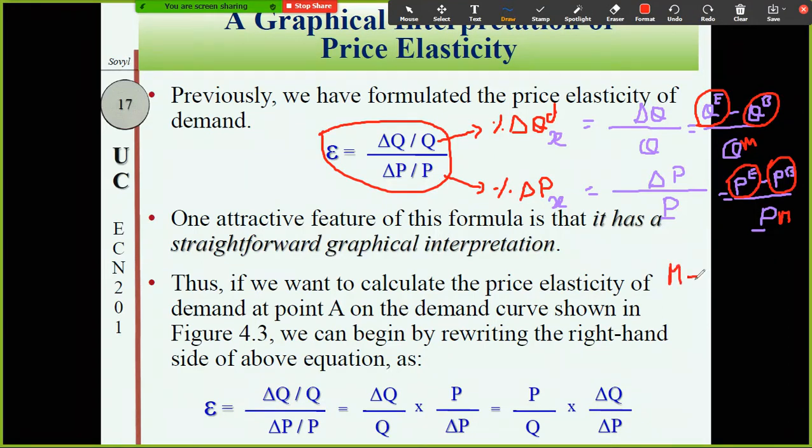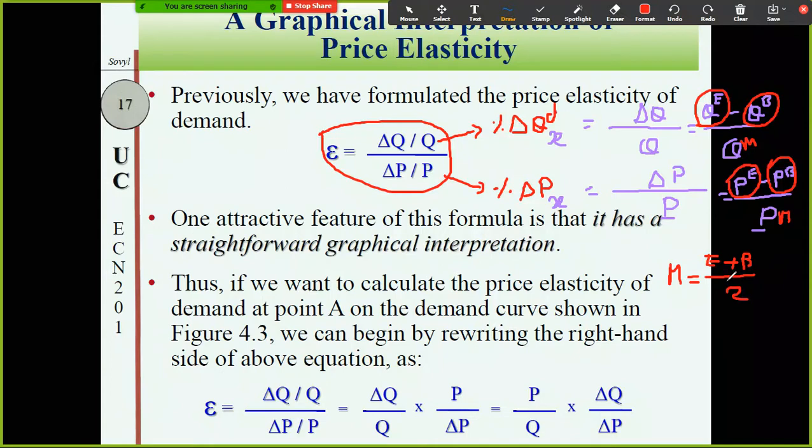The middle price comes from the ending price and beginning price added together, divided by 2. Ending plus beginning divided by 2, or beginning plus ending divided by 2, they are the same. If talking about middle quantity, yes, same thing: ending quantity plus beginning quantity divided by 2.